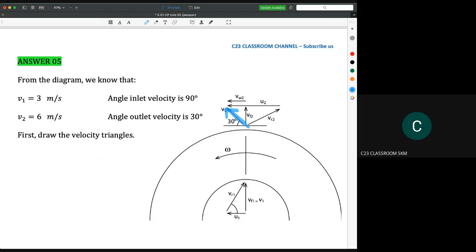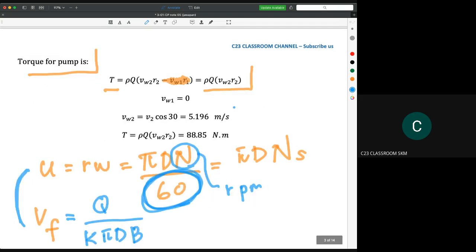So you use this 30 degree, and then you could define that Vw2 can be calculated as V2 cos 30, so you get 5.196 meter per second. And then you could calculate the value of torque, which is equal to 88.85 Newton meter.